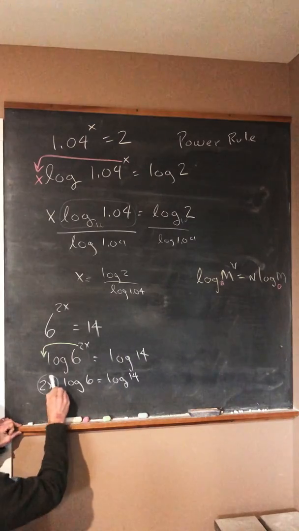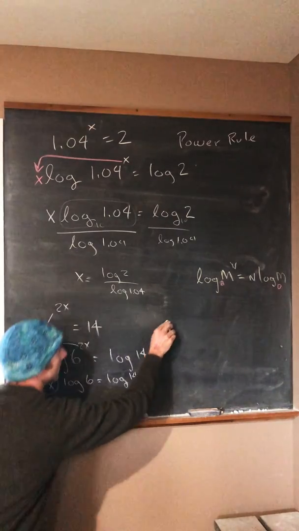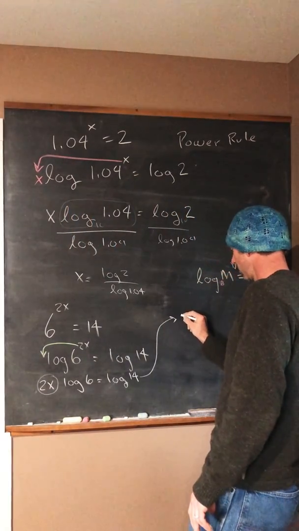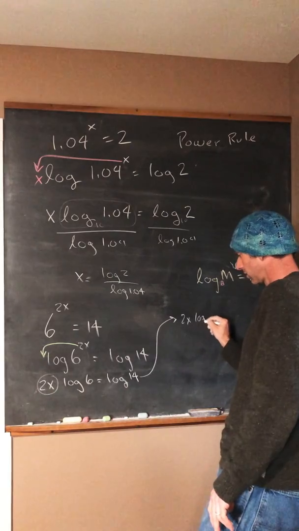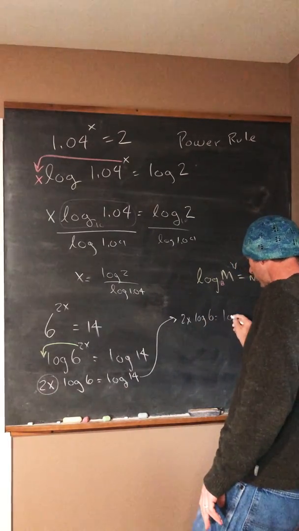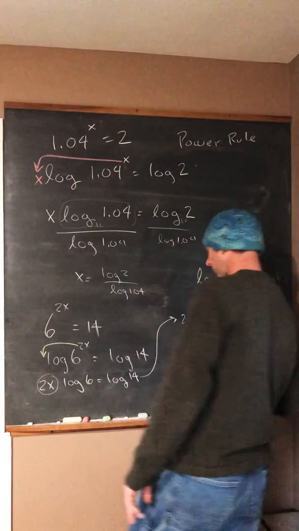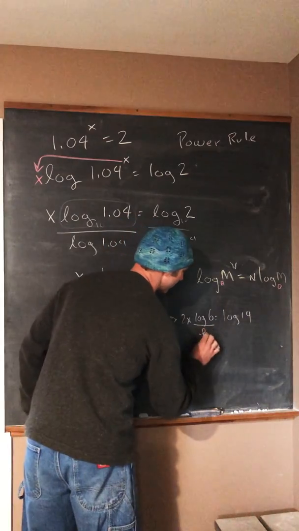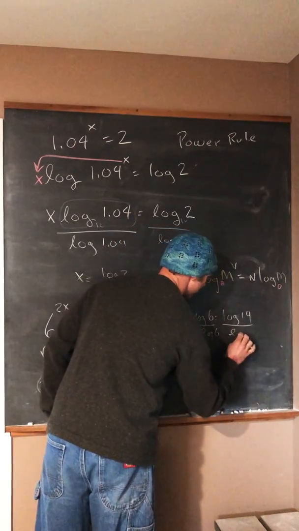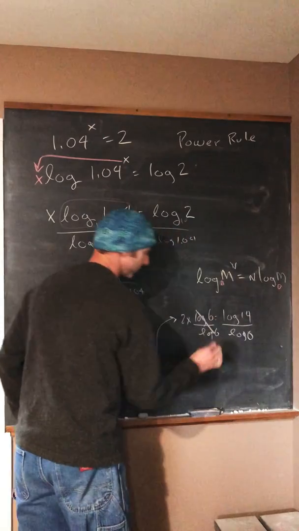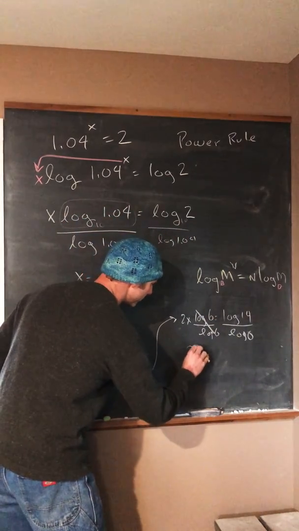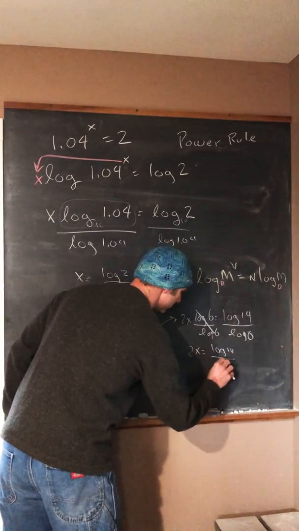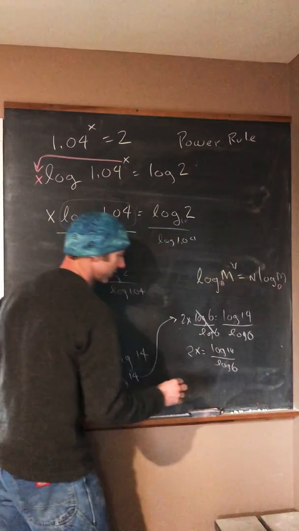Now I just need to solve for x. So we have 2x log 6 equals log 14. I'm going to divide by log 6. Those simplify to 1. 2x equals log 14 over log 6.